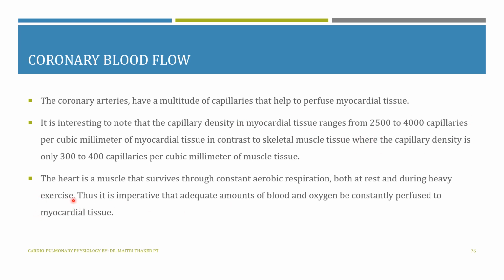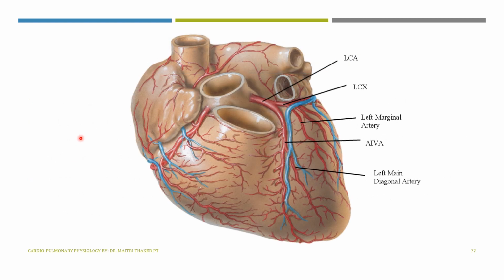The heart is a muscle that survives through constant aerobic respiration, both at rest and during heavy exercise. Thus, it is imperative that an adequate amount of blood and oxygen be constantly perfused to myocardial tissue. This is the basic structure of our coronary arteries.